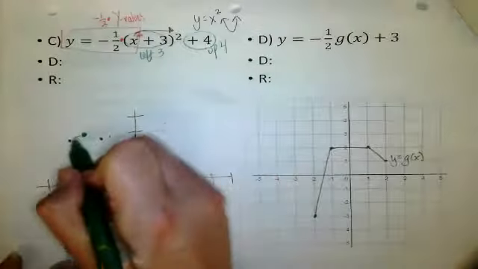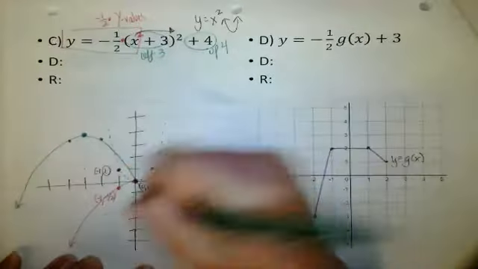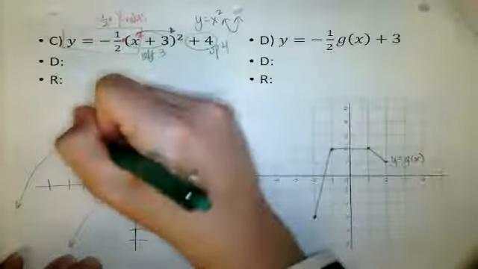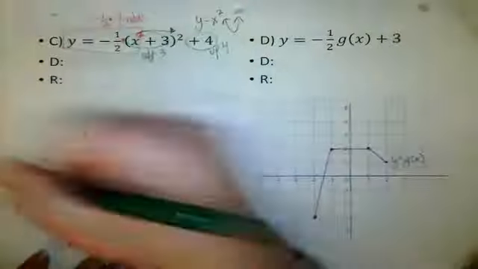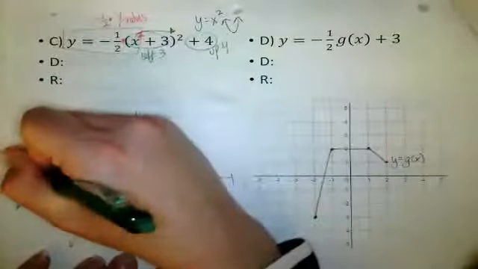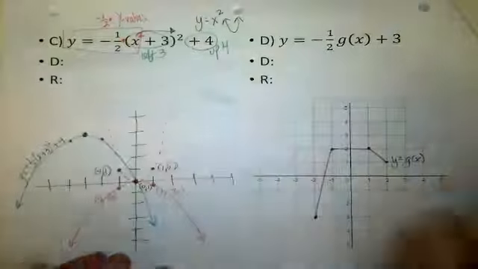And that's our basic shape here. So there's our green graph, which is our total function here. y equals negative 1/2 quantity x plus 3 squared plus 4.